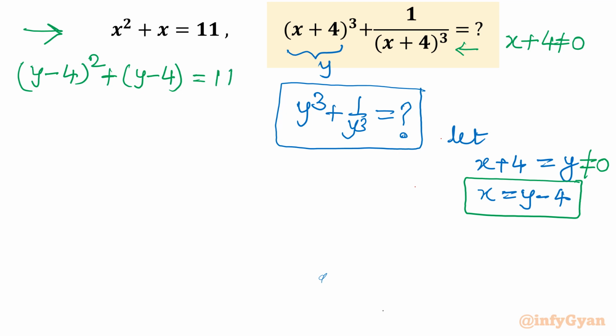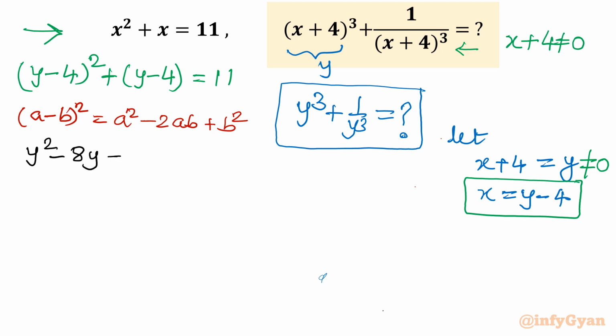Now one algebraic identity will come into the picture, that is (a minus b) whole square, which is equal to a square minus twice ab plus b square. This is what we know. Now let's apply this identity into this quadratic equation. I will write y square minus 8y plus 16 plus y minus 4 equal to 11.